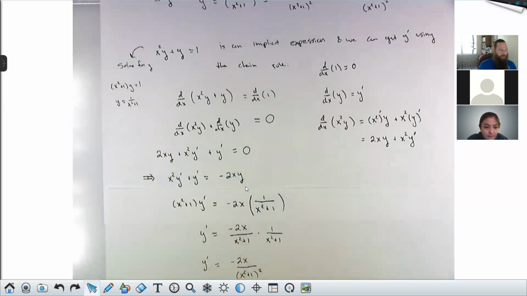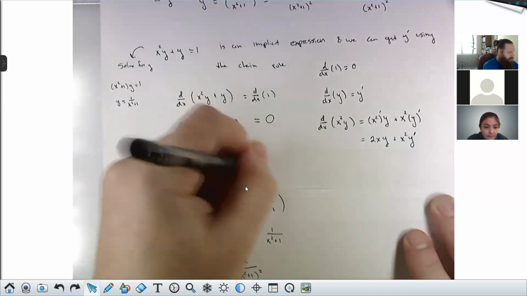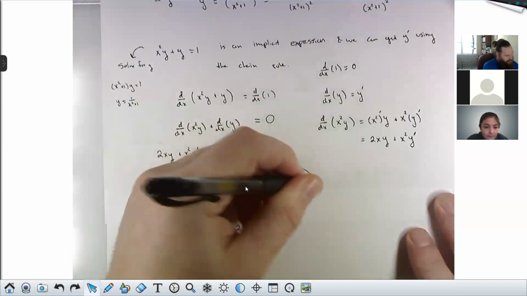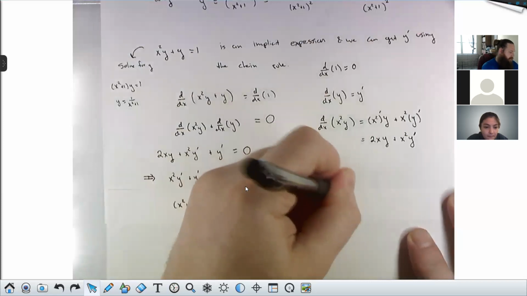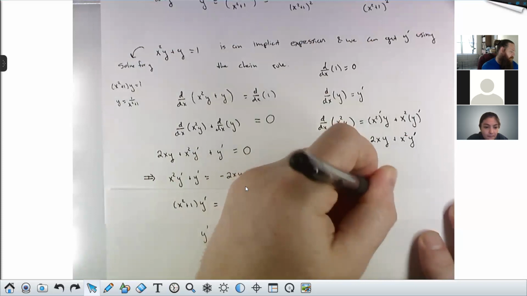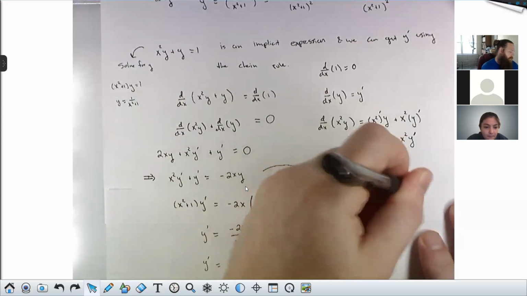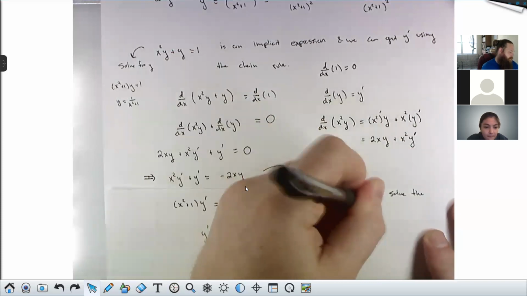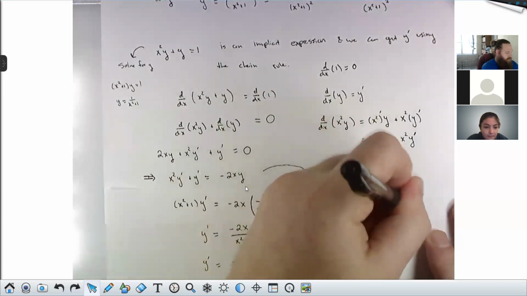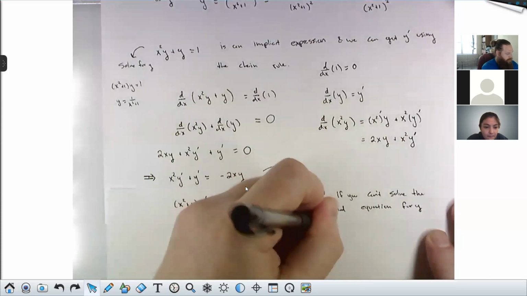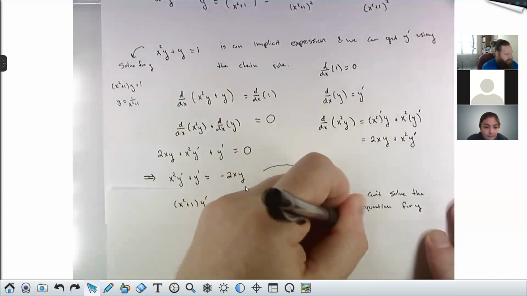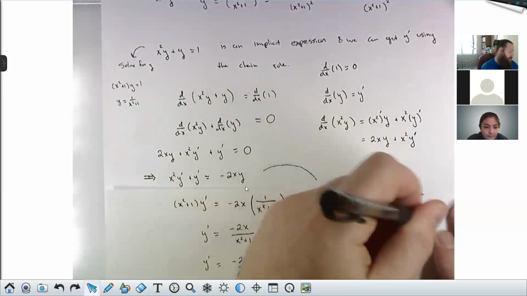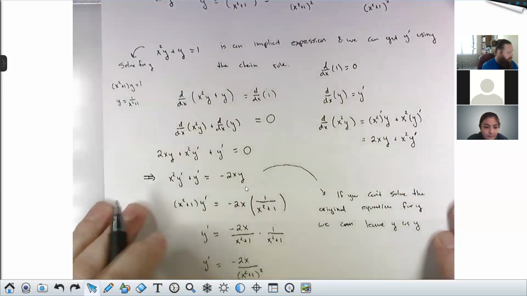That's another option. If you can't solve the original equation for y, we can leave y as y, and I can still solve this for y prime.